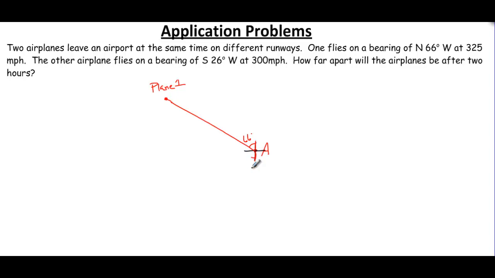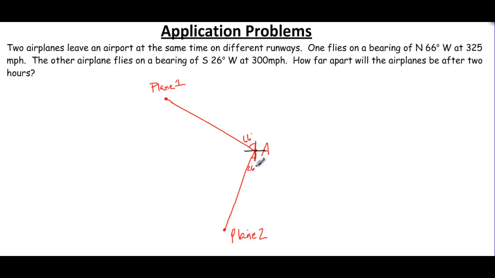Now 26 is less than halfway, so if you notice, your angles are not going to be super accurate, but if it's more than halfway or less than halfway, you want to at least do that. Okay, so I'm going to fly this angle. I'm going to fly down, and this is plane 2. So now I know this is 26 degrees.